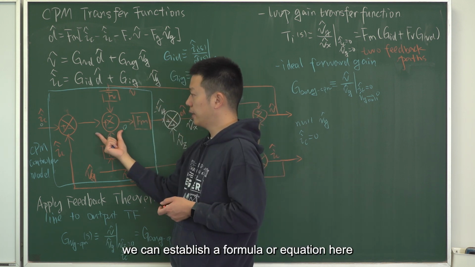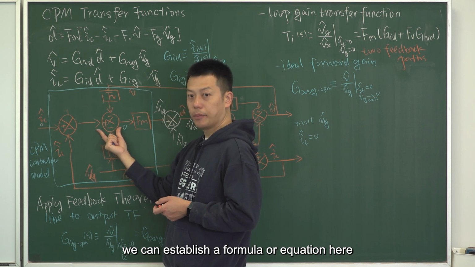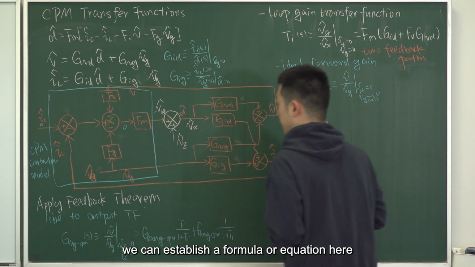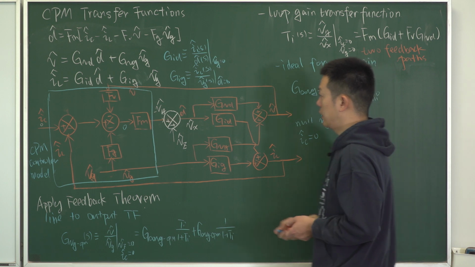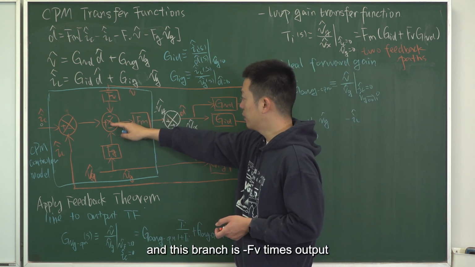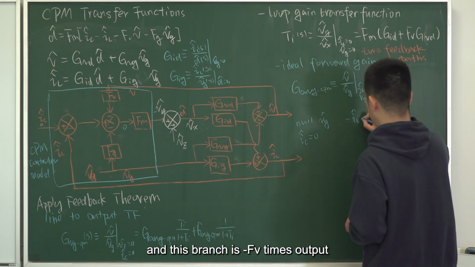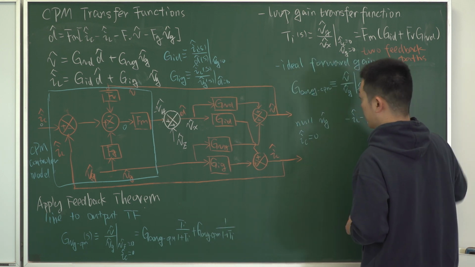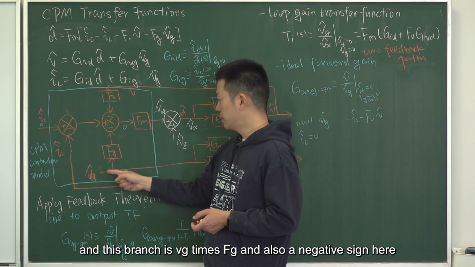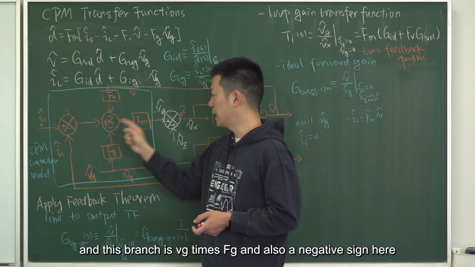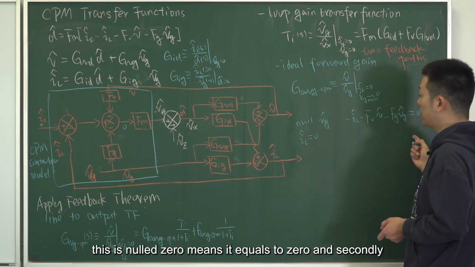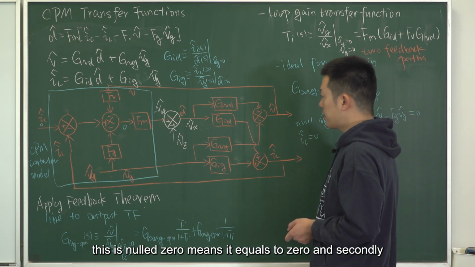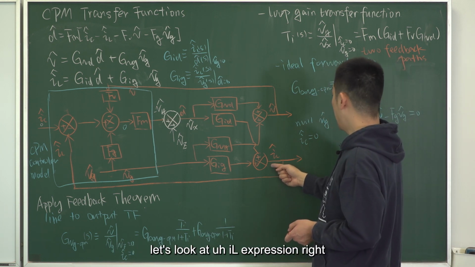So based on this operator, we can establish an equation here. So basically, here is minus IL. And this branch is minus FV times output. And this branch is VG times FG, also with a negative sign here. This is now 0, meaning it equals 0. And secondly, let's look at the IL expression.